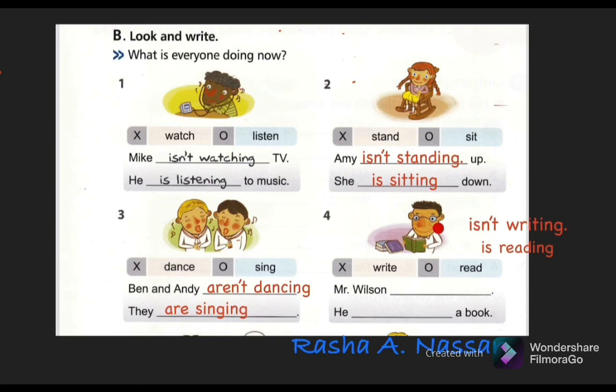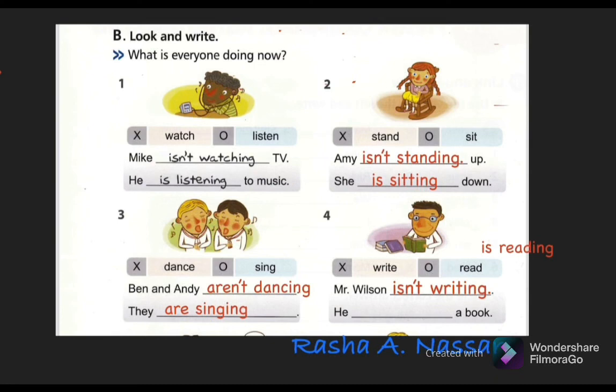Look at picture number 4. I have here write and read. So, what is he doing now and what isn't he doing now? He is not doing what? Very good. He is not writing. Can I say he is not write? No, teacher. Why? Because if I see am or is or are, I will put ing.